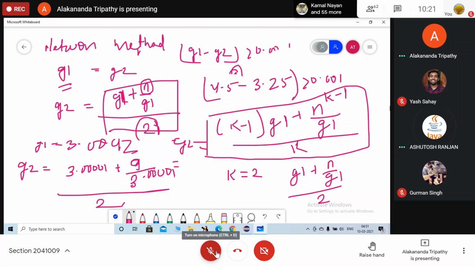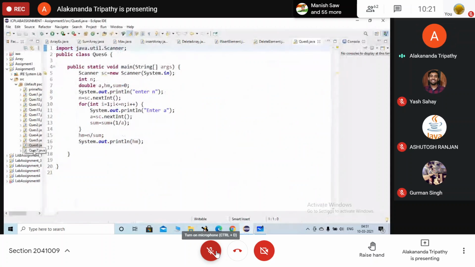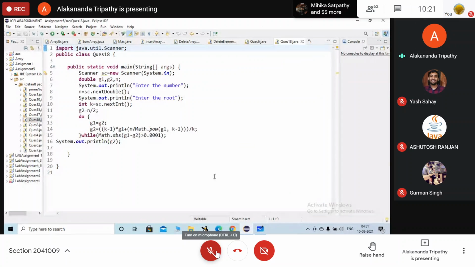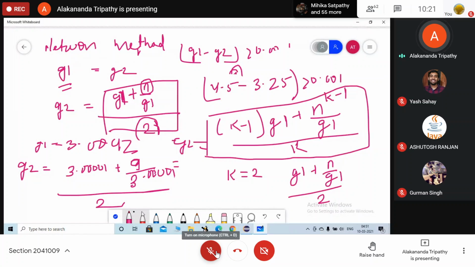Ma'am, in the last class you told us that the G1 in the denominator has power k minus 1. Wait a minute. Yes, yes, it will be G1's. Question number 18, yes, it will be G1's. I just made it. Yes, G1, as we are going to multiply here k minus 1, here we are going to find G1 to the power k minus 1.